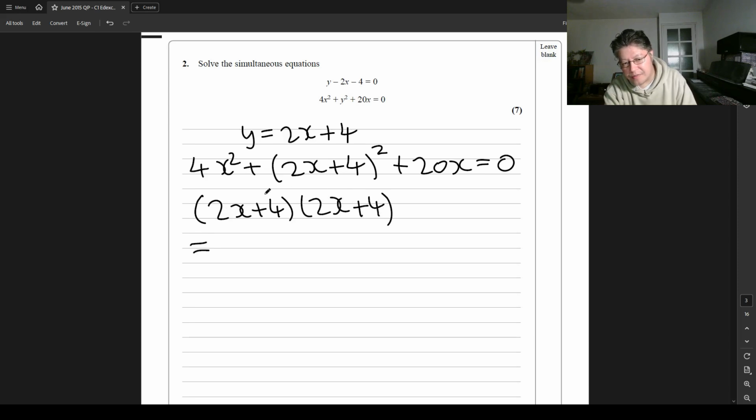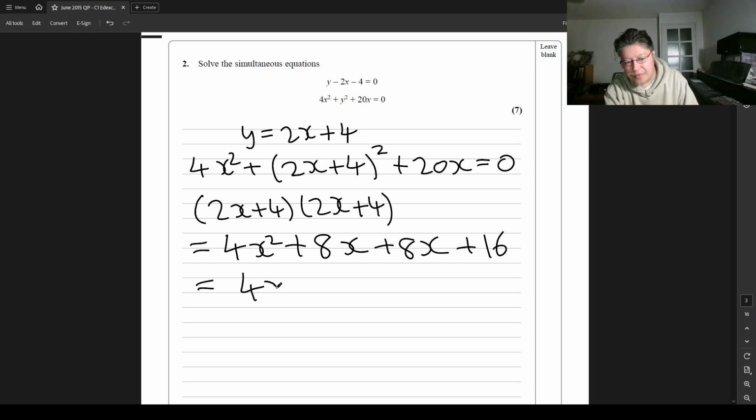First is 4x squared, plus the outer terms, 2x times 4 is 8x, then the inner term 4 times 2x is 8x again, and the last is 4 times 4, which is plus 16. This simplifies to 4x squared plus 16x plus 16.